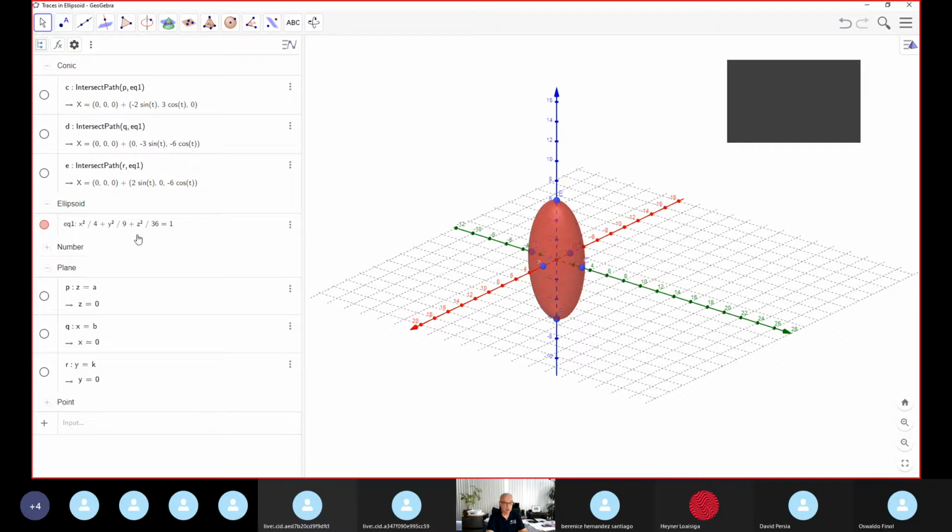Let me delete the ellipsoid. Look, the 6 points we found, is that point, no? Okay, it's 3 in the Y, 2 in the X, and 6 in the Z. This is the intersection we computed before. Let me restore the ellipsoid, que looks like a football.